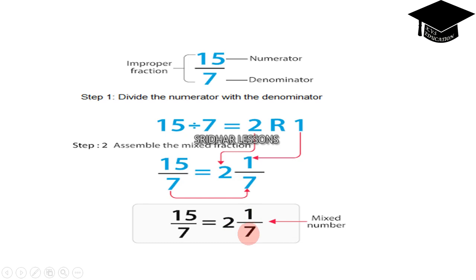This is called a mixed number. This is how the mixed number or mixed fraction is going to form. We will get a remainder other than 0. This is about mixed fractions.